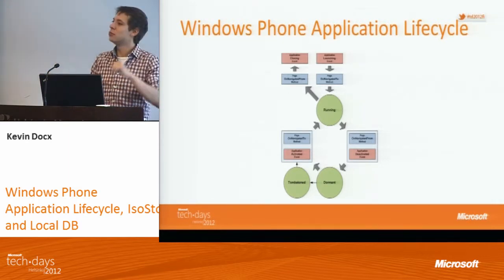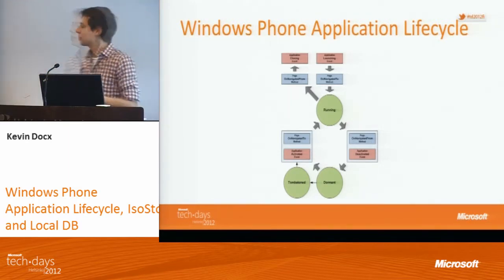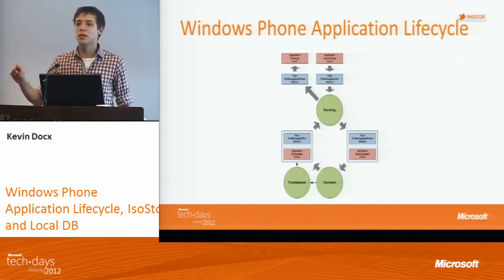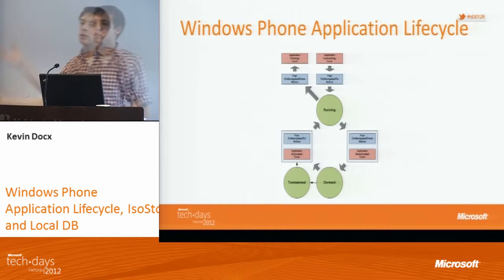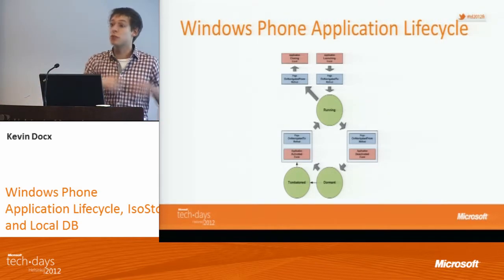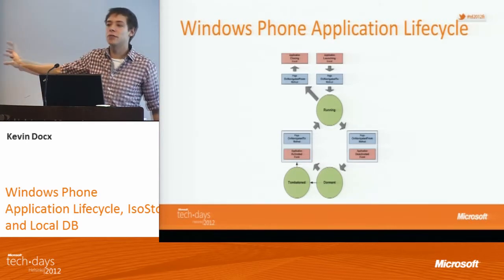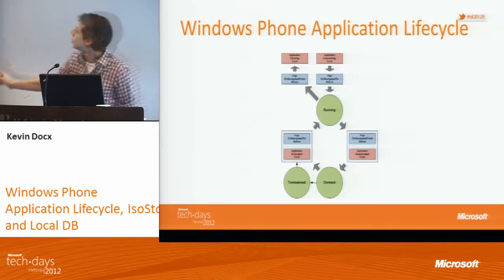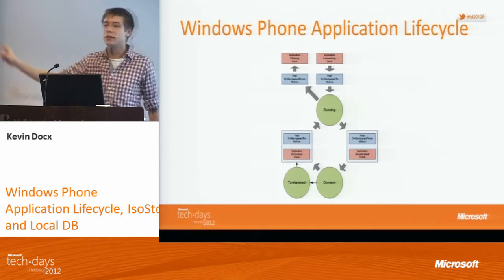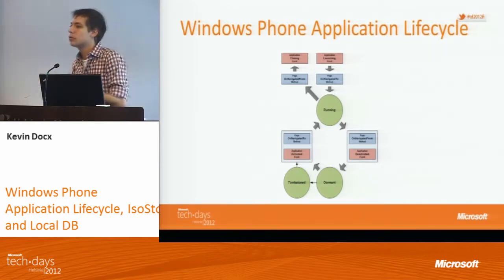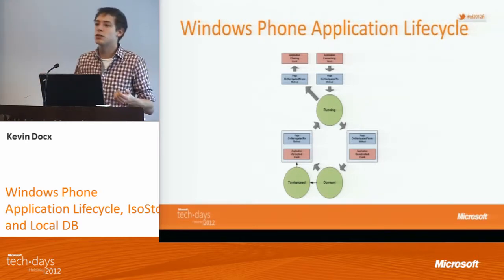The user can also move backward. So that means he starts your application, works with it, and presses the back button a few times until he moves past the start page of your application. That's moving backwards. Your application won't be deactivated and won't be activated again. Your application will end up in the closing event. So your application is immediately terminated. That's another place where you should save state, typically to isolated storage.